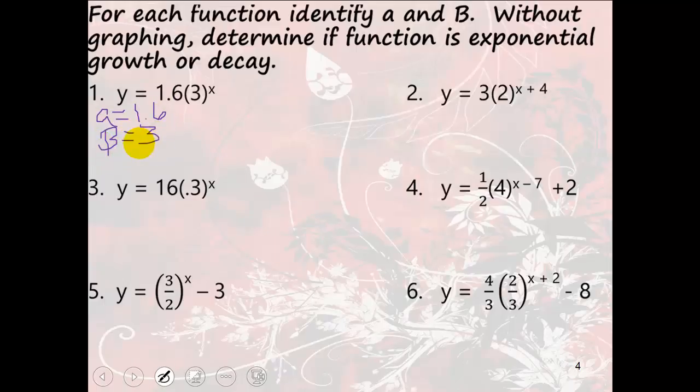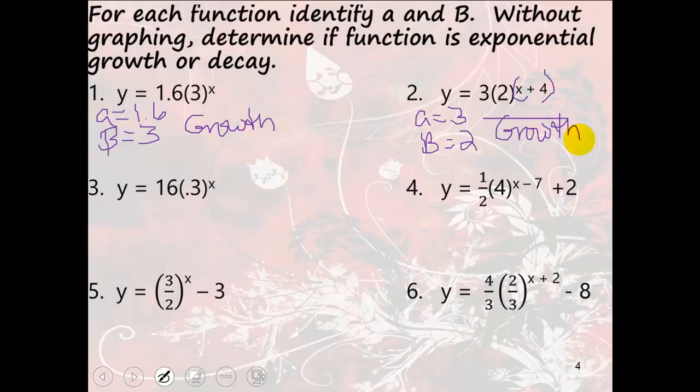Because b is bigger than 1, this is a growth. Number 2, y is equal to 3 times 2 to the x plus 4. So my a is equal to 3, b is equal to 2. So this one is a growth.